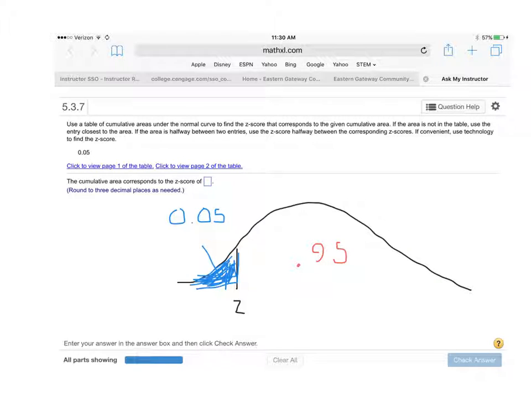So how do we use our table to help us determine this z-score? Well, I'm going to take you to another slide where I have a picture of a standard normal table. The cumulative area corresponds to the z-score of negative 1.645.